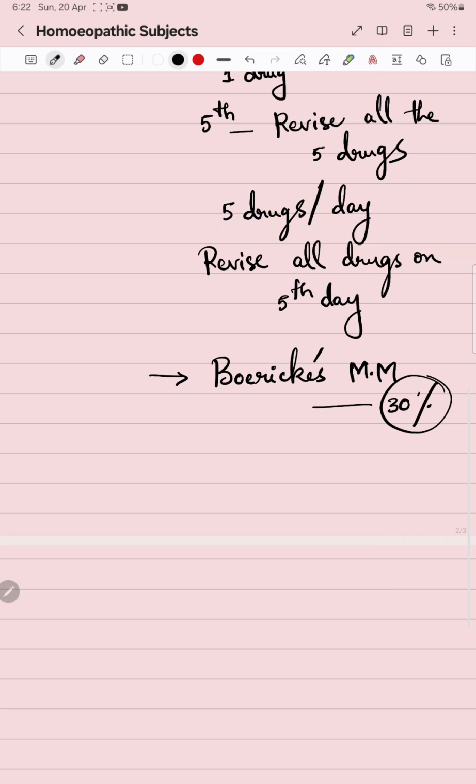So, in Boericke you have to focus mainly on the italic font symptoms that are present in the Boericke, you have to make sure you study those and just read the other part.